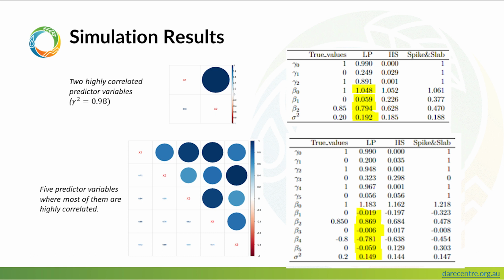When we increase the number of variables, still including highly correlated variables, we do best in almost all the cases, except for one variable. Even though horseshoe does better for that, we also produce a good estimate for it.